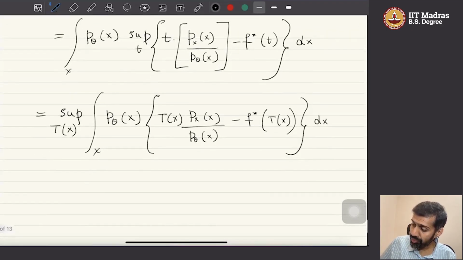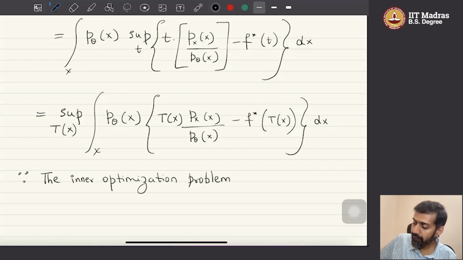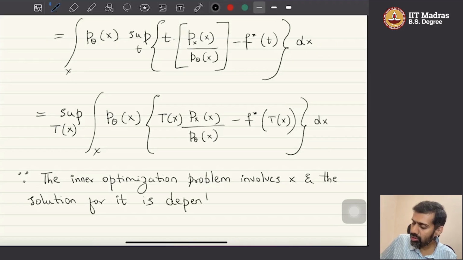This is because the inner optimization problem involves x, and the solution for it is dependent on, or rather a function of, x.